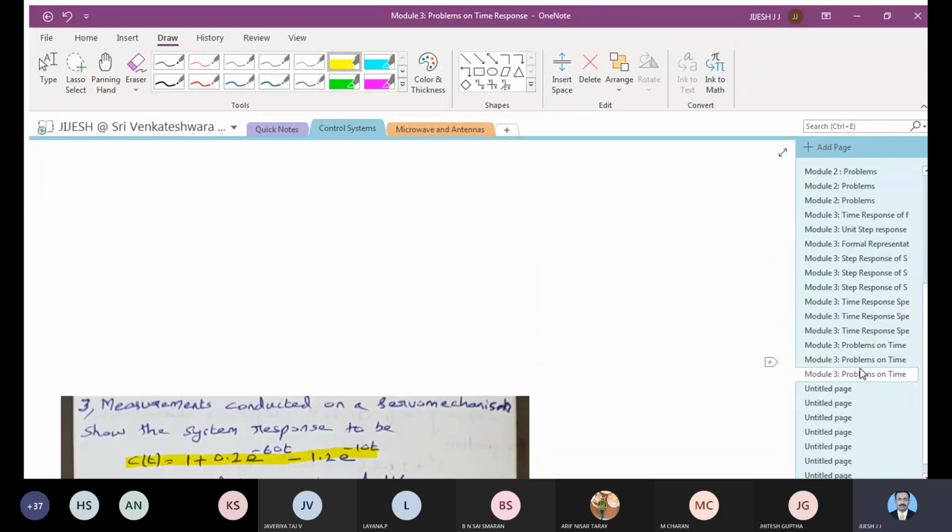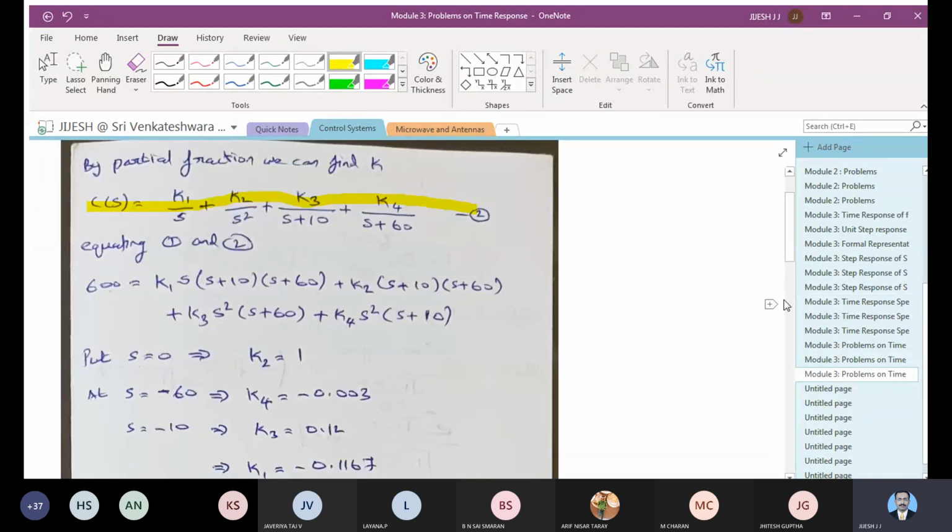To come to C of t, we have the transfer function C of s by R of s, and then you can just use the partial fraction method. It can be written as k1 by s plus k2 by s square plus k3 by s plus 10 plus k4 by s plus 60, that is equation number 2.